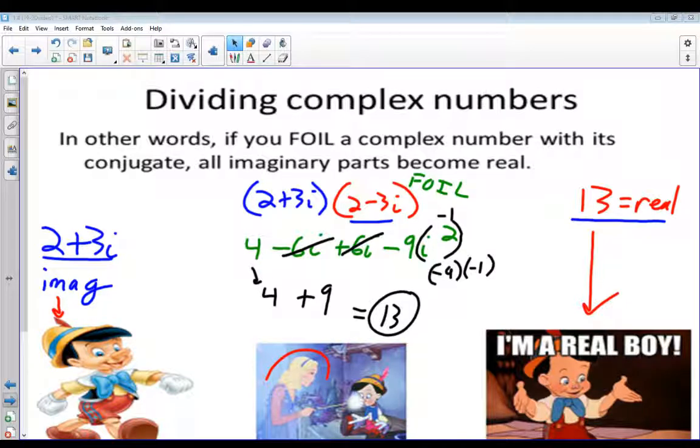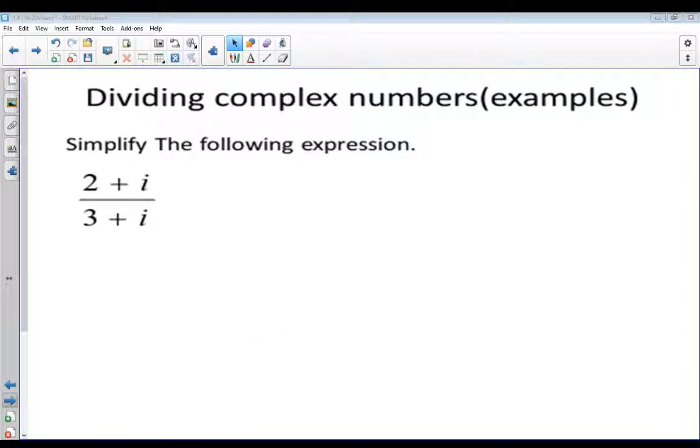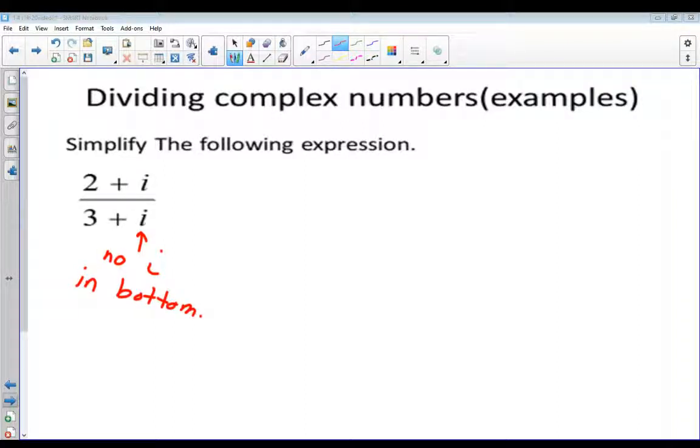So now that you know the importance of a conjugate, let's use it with an actual example. Dividing complex numbers, we need to simplify this expression. And as you can see, we have an i in the bottom. We don't need an i in the denominator.